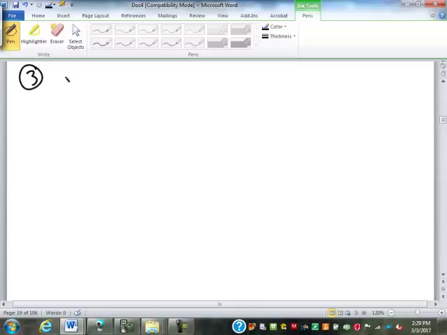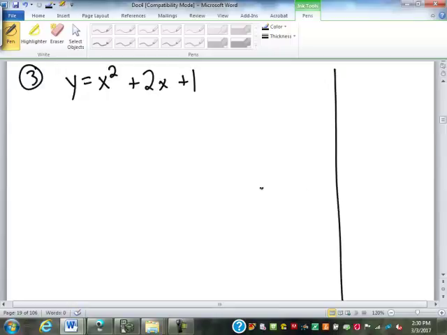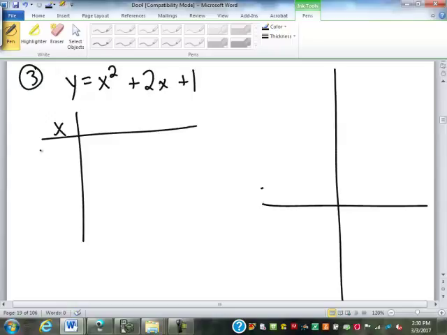Number 3, y is equal to x squared plus 2x plus 1. So in my table, we start out with x equals -2. Now most likely you wouldn't be able to do this right in the table on the graph.